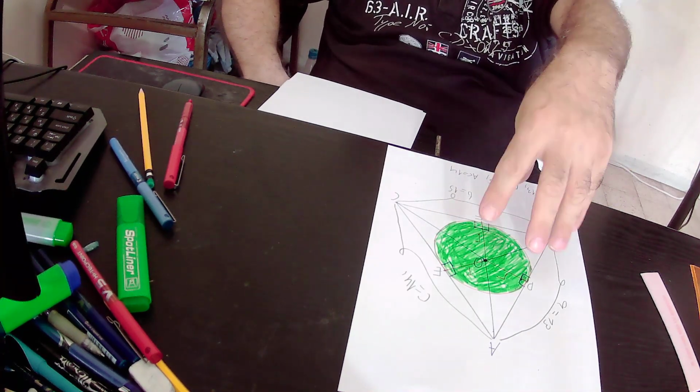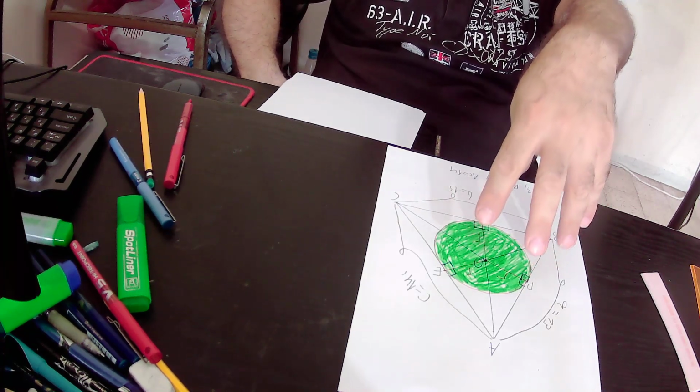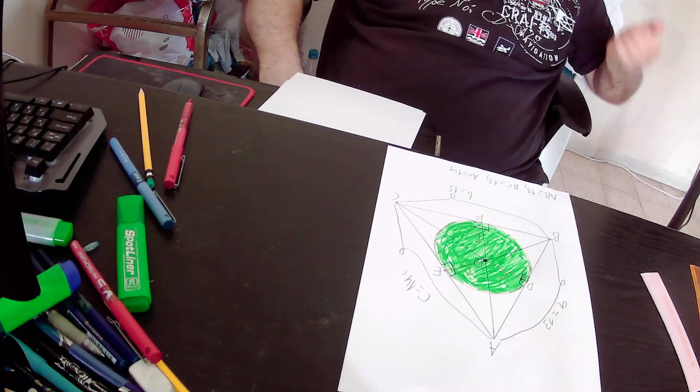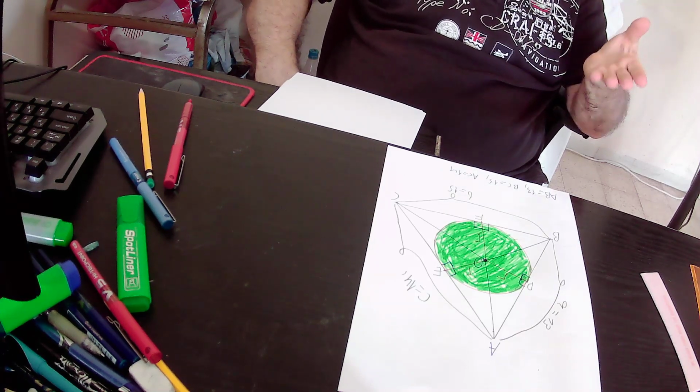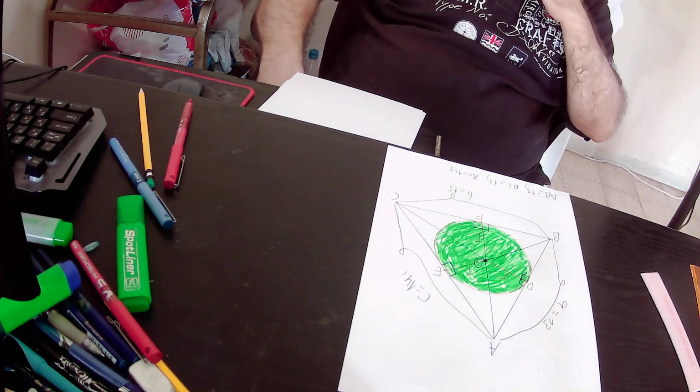So the sum of the areas of those three triangles will be equal to the area of the big triangle ABC, which we have already found out equals 84 square units.